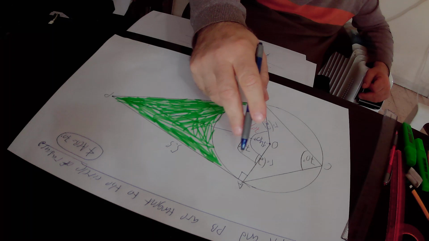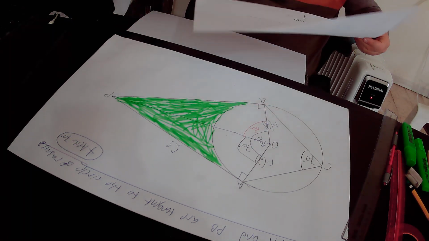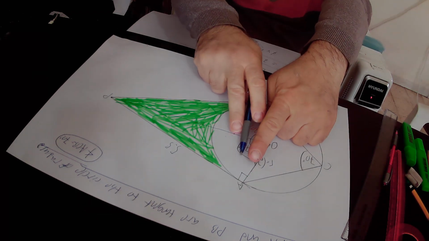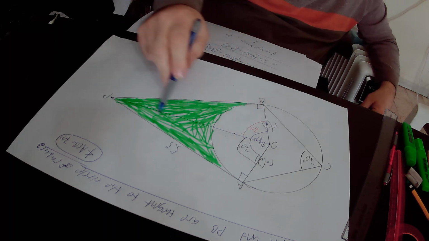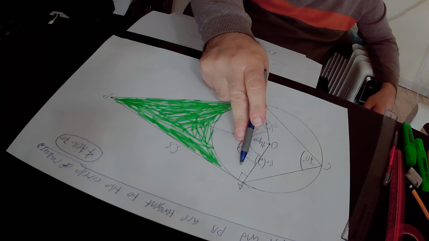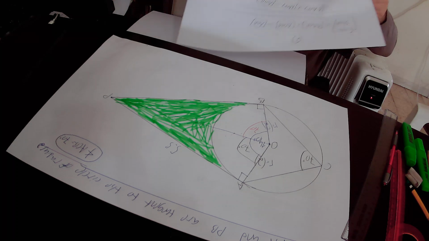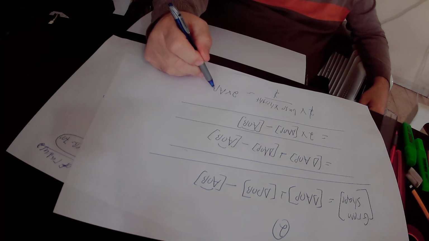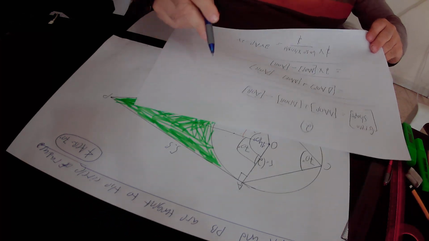Here the base of this right triangle AOP is 2. And the height to the base is AP. Why? Because AP creates 90 degrees with the base AO, it is the height. So the height is AP. So it is 2 times AP, and AP is 5.5.